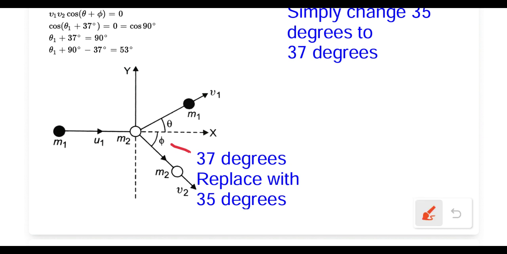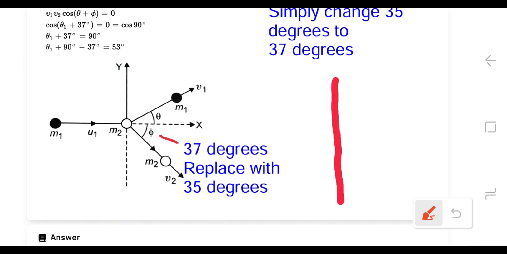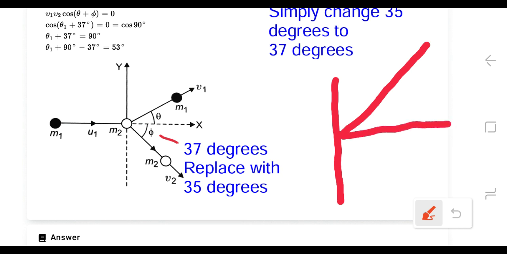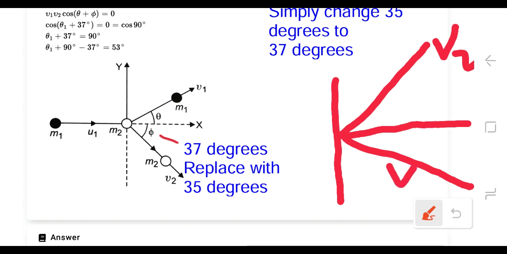Instead of now having ball V2 is there in the assignment, and now V1 is here, and in the assignment they said this is 35.